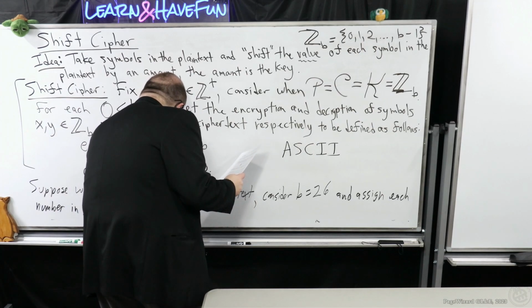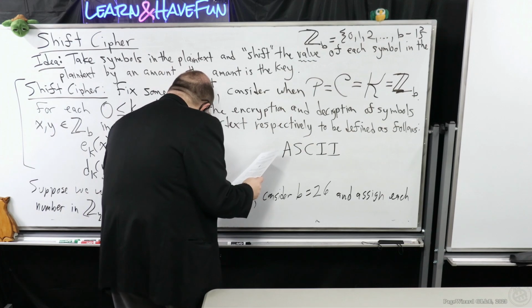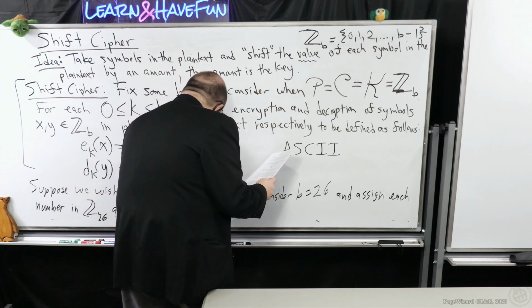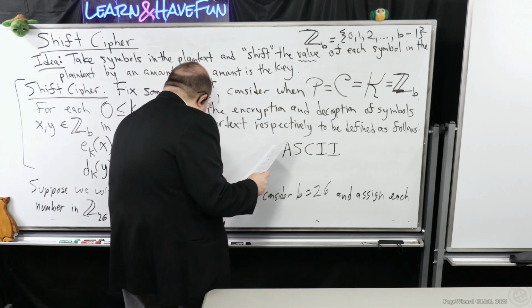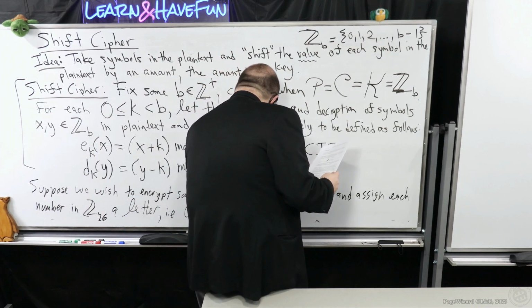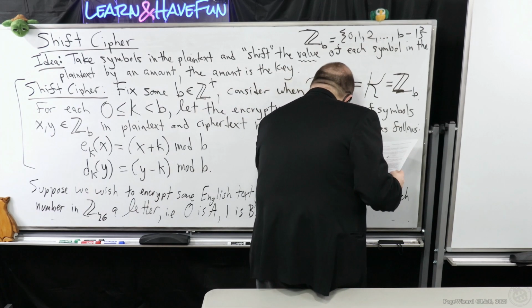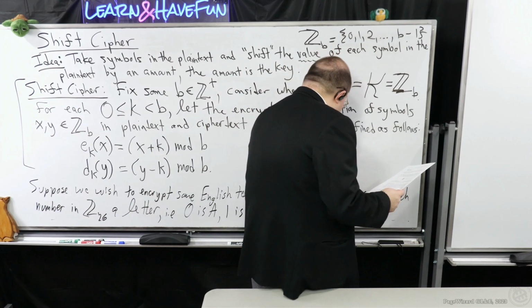Just to elaborate what I mean: if I give you 0, this is the same as me saying A. 1 is B. 2 is C. And so on. So we'll make a table to help us do this.